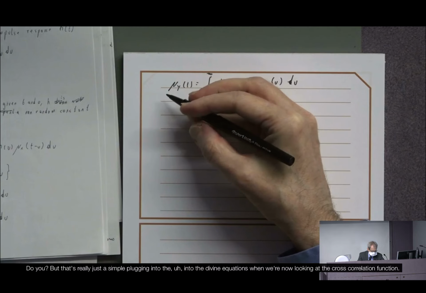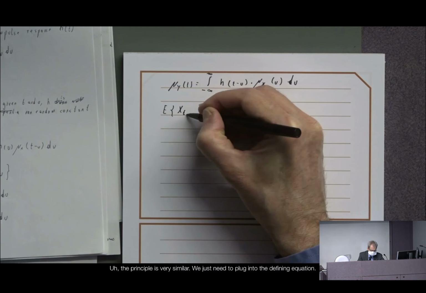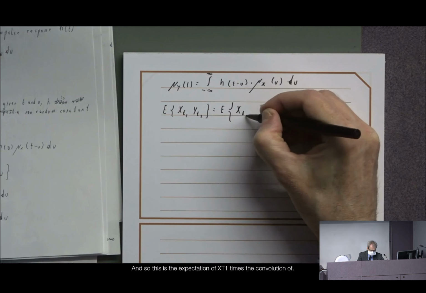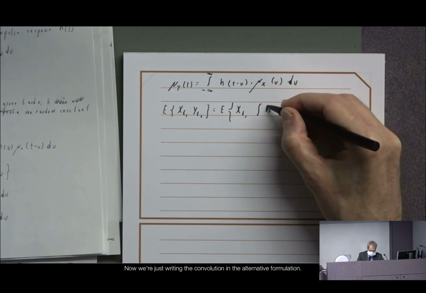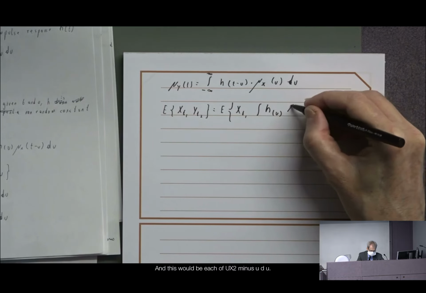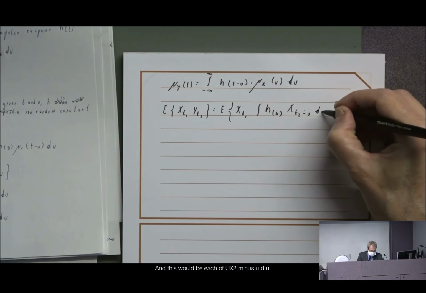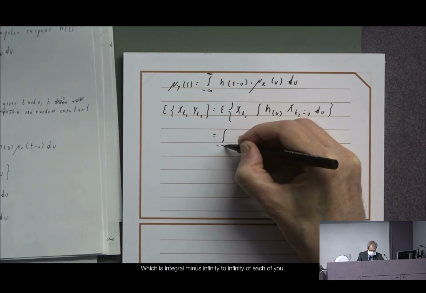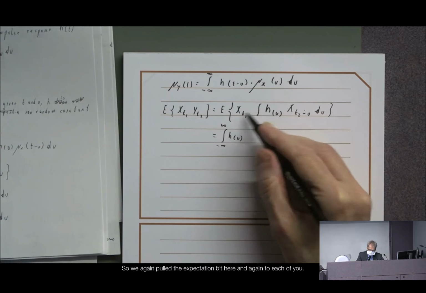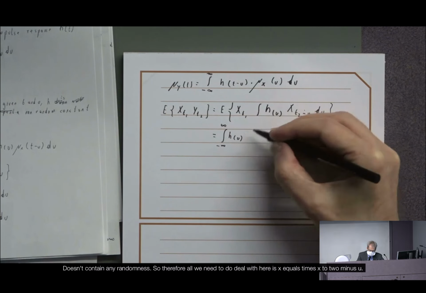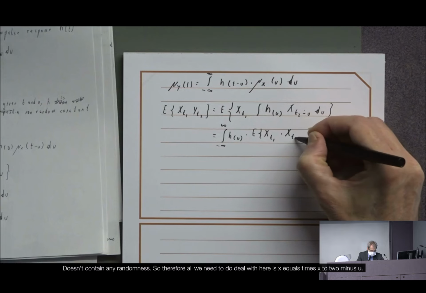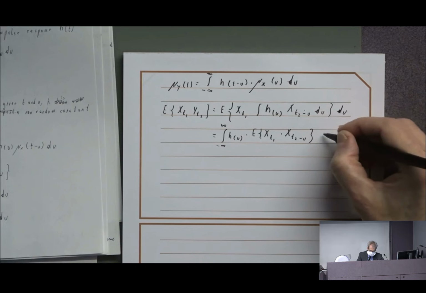When we're now looking at the cross correlation function, the principle is very similar. We just need to plug into the defining equation, so this is the expectation of x(t1) times the convolution, now written in the alternative formulation, h(u) x(t2 minus u) du, which is the integral from minus infinity to infinity of h(u). We again pull the expectation in here, and h(u) doesn't contain any randomness, so all we need to deal with is x(t1) times x(t2 minus u) du.